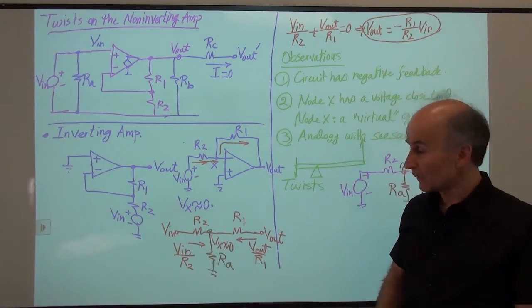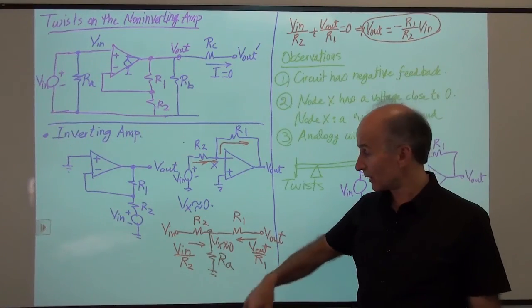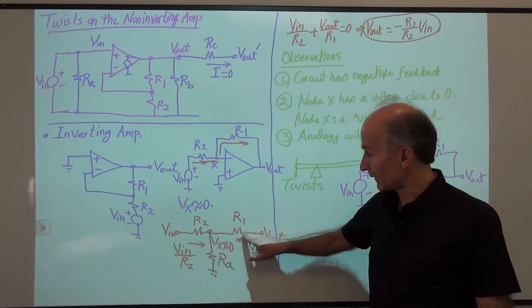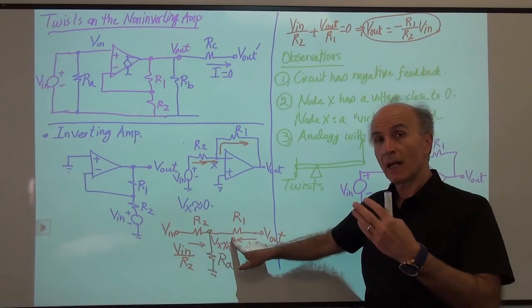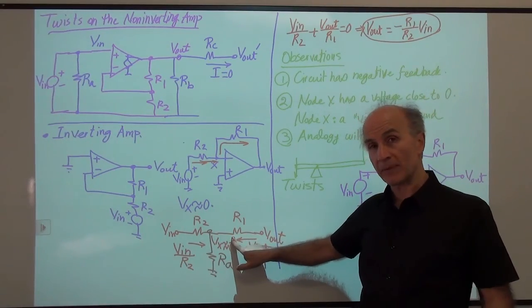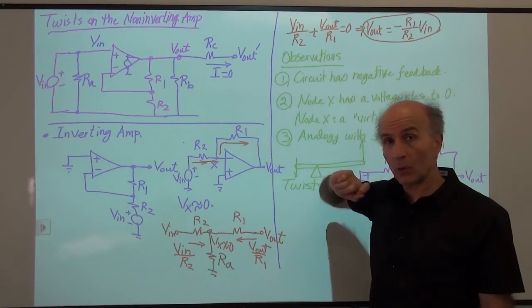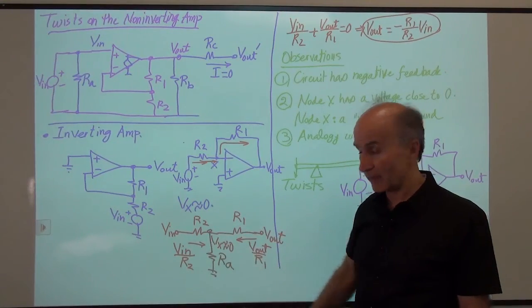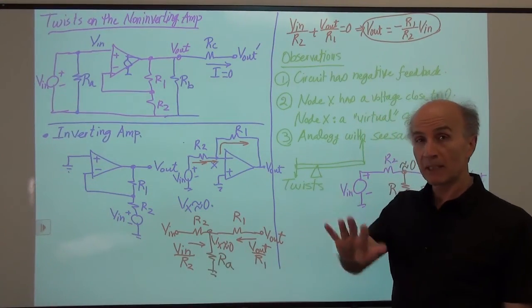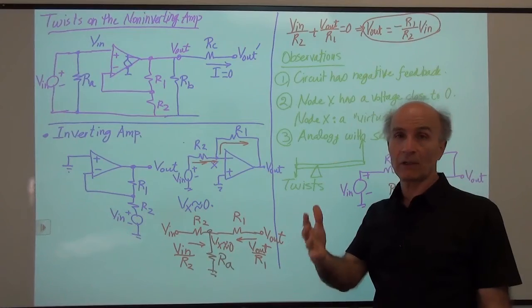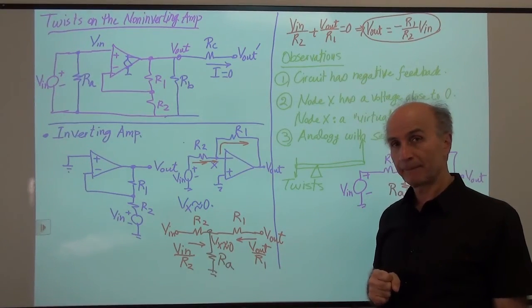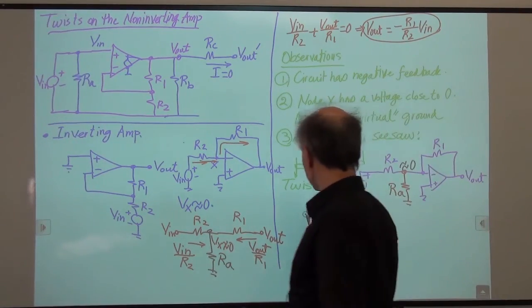Close to 0. So we can say with a good approximation that this current and this current still have to be equal and opposite. So this KCL still holds because the current through RA is negligible because the voltage across RA is very small.